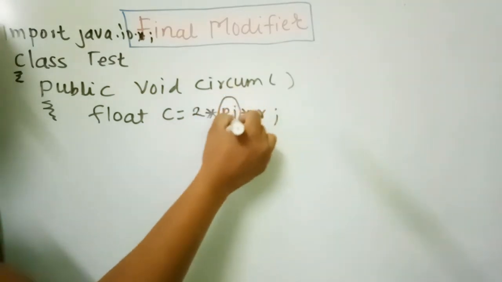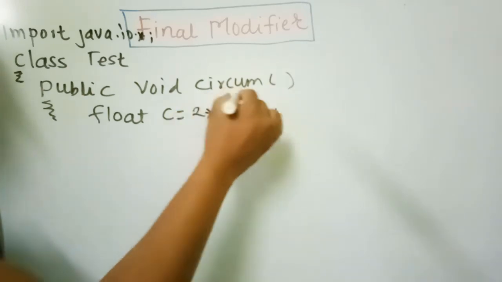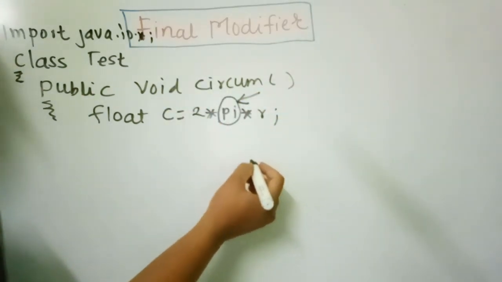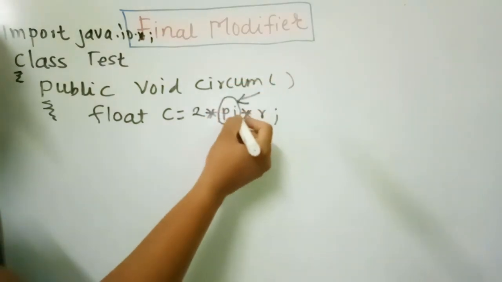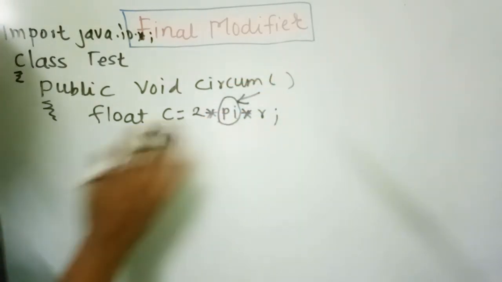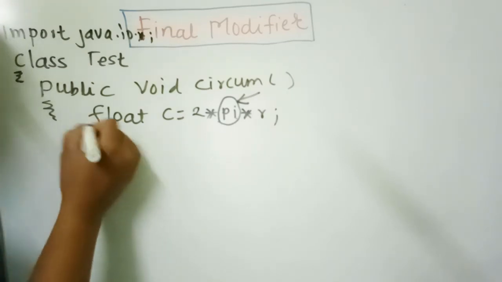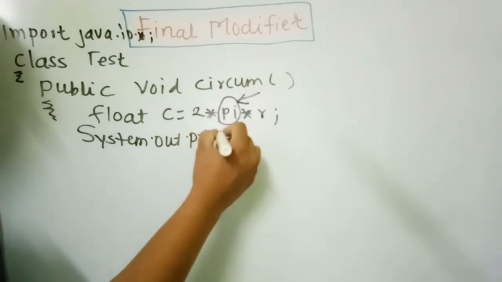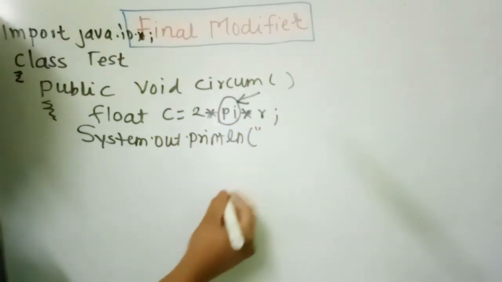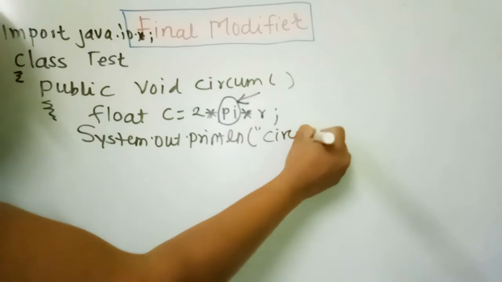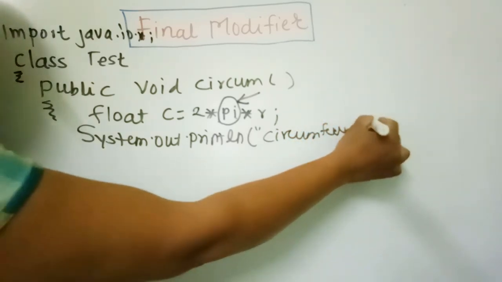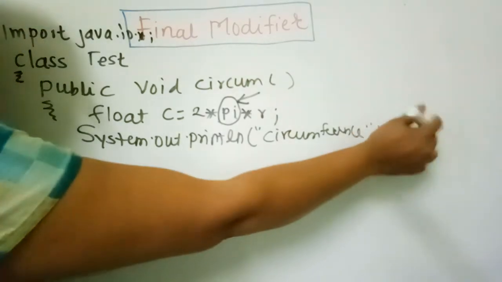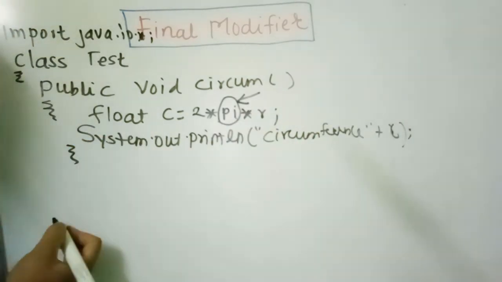In this case, note that the variable created in the class, the static final float pi having the value 3.14, is not going to be altered. We will simply write the output, that is the circumference, for example C. Now we will complete the circumference method.